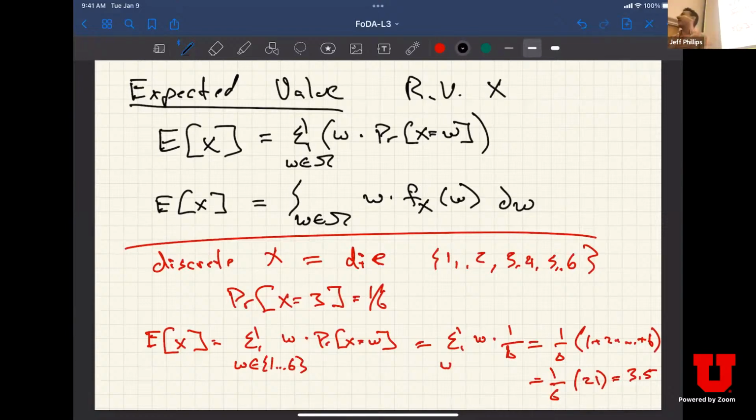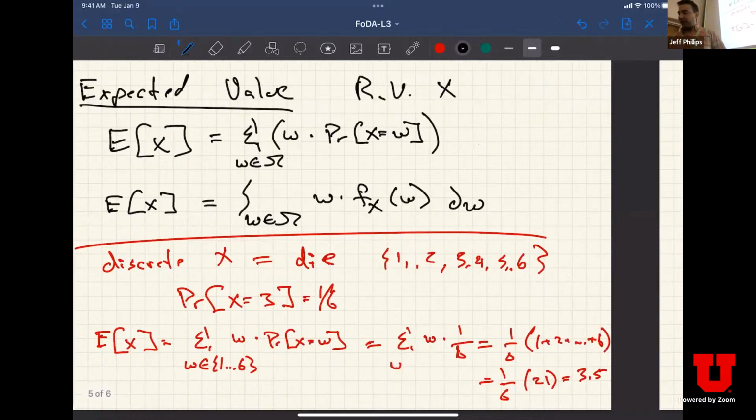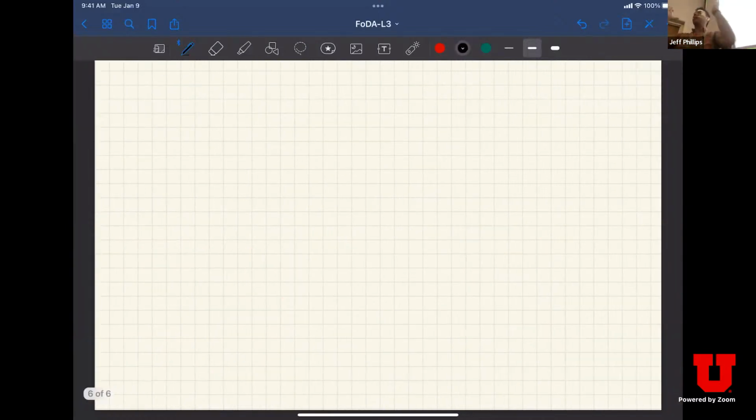This is a way to quantify the expected outcome where there's probability involved. It simplifies the probability down to a single number, and that's a lot easier to work with than some more complicated distribution. So the expected value is the single number that tries to summarize all of the randomness together.